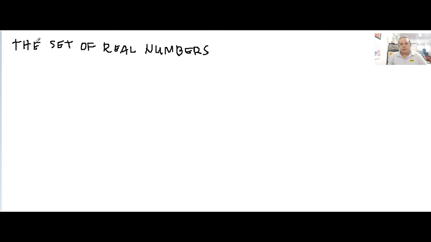The set of real numbers is the set of all numbers. So this big set of all numbers has several subsets under it. So we'll discuss this one by one.